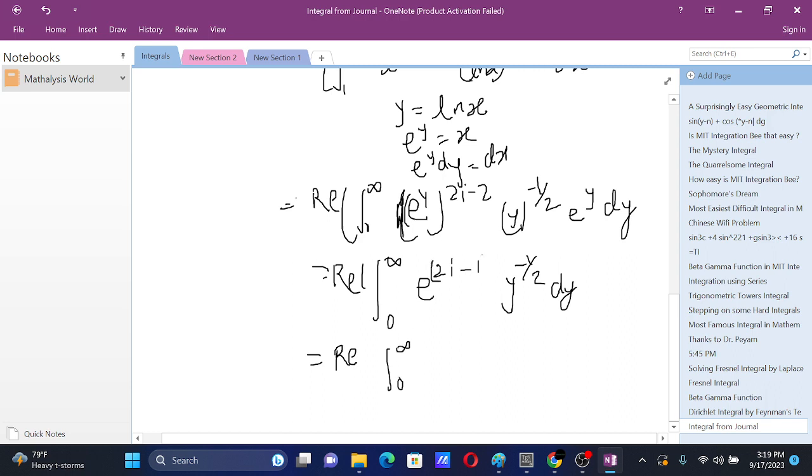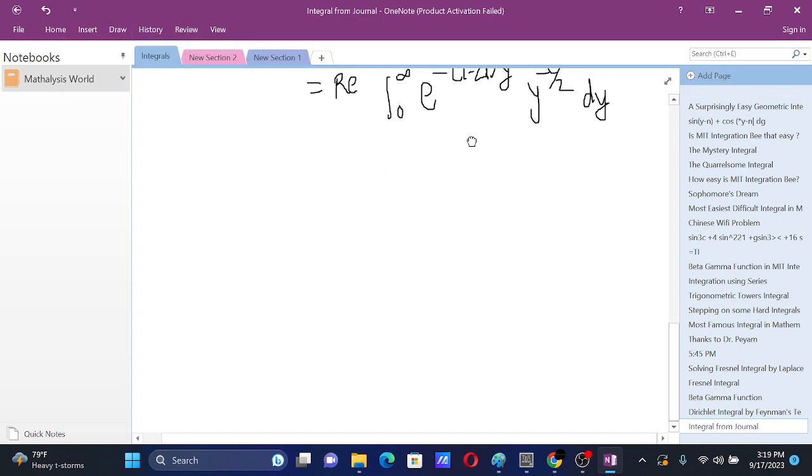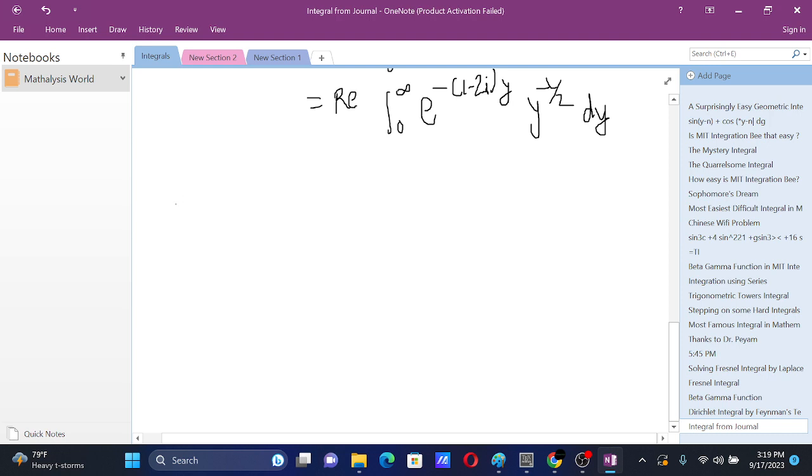We have y as well, e to the power minus (1 minus 2i) y, y to the power negative 1 by 2 dy. Now you might be curious why I changed the order of the terms over here. This is because we have a standard formula of this kind that's related with the gamma function.